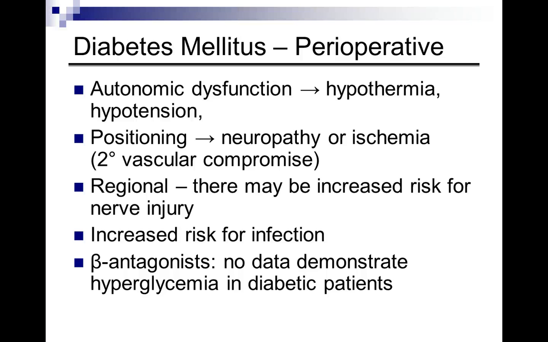When positioning patients with diabetes, we also consider their neuropathy, which can lead to a higher incidence of postoperative neuropathy or ischemia in a limb due to vascular compromise. When using regional anesthesia in a diabetic patient, we should be aware of the increased risk for nerve injury.